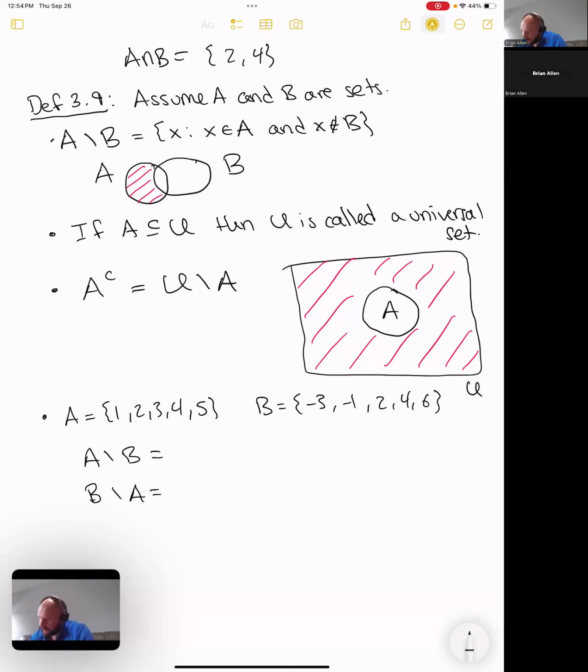So feel free to pause it here. But if I take A set minus B, I have to take all the elements of A that are not in B. Notice B contains 2 and 4, so I don't have that anymore. And then when I do B set minus A, I should take all the elements of B that are not in A. So now I get -3, I get -1, but I don't get 2 or 4, right?